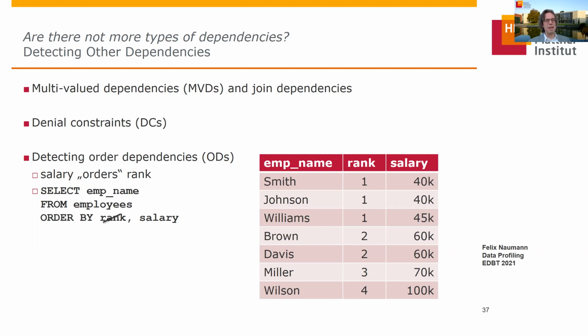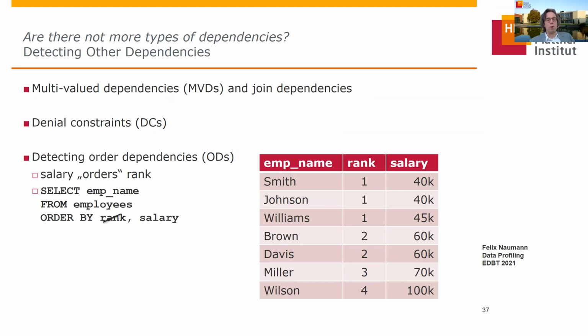And so an order dependency basically says if I order the table according to one column, it's automatically also ordered by another column. So if I order in this example here by salary, the persons are also ordered by their rank. Right? And why is this interesting? Again, you can use this in query optimization.